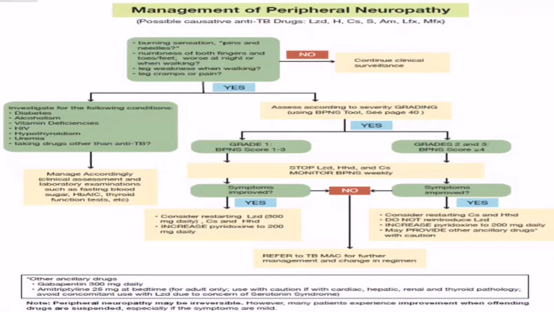For symptomatic relief, NSAIDs may help alleviate symptoms, or tricyclic antidepressants have also been used successfully, like amitriptyline, carbamazepine, and gabapentin. Take note, patients taking isoniazid, cycloserine, and linezolid should receive prophylactic pyridoxine.